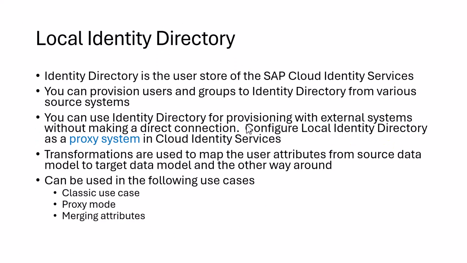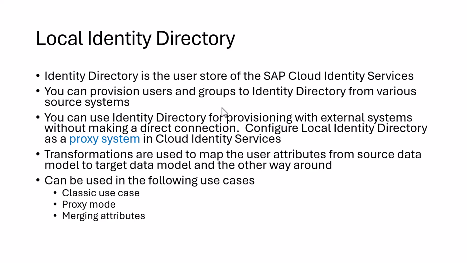So the local identity directory, we didn't talk about it much, but with the local identity directory, you can store the users in SAP Cloud Identity Services locally as well. This is also recommended if you're going to be using Task Center and Joule. You don't have to use this for authentication, but you can provision the users into your local identity directory.